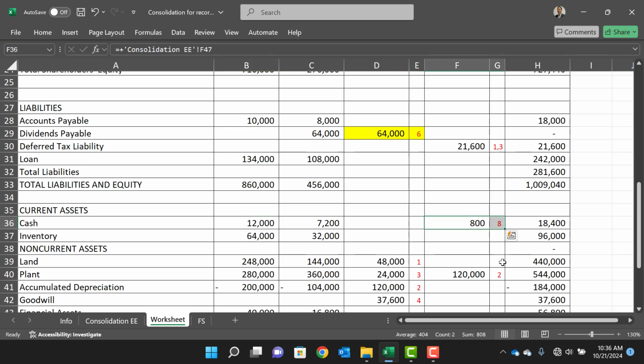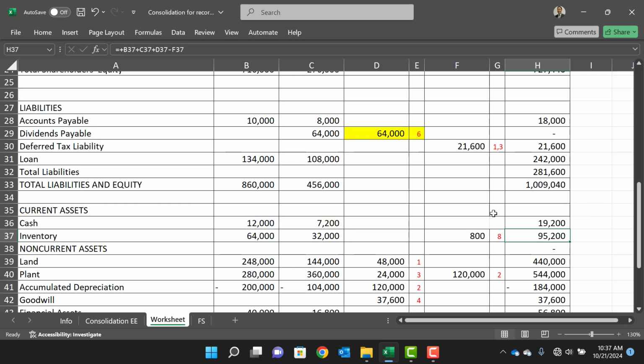It's supposed to be here, not on cash. So inventory, you have to add. And this one should be moved.